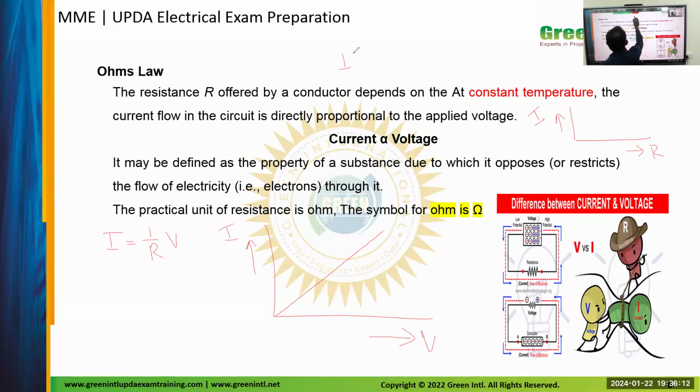So we need to draw the graph resistance versus current, that is I is equal to 1 by R. It is nothing but Y is equal to 1 by X. So that's why the graph is just like the 1 by X graph.